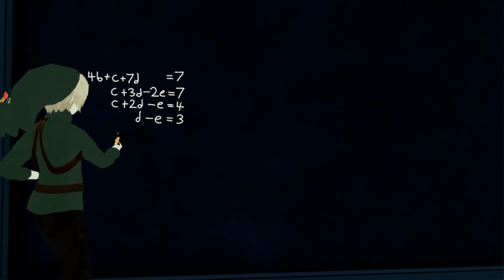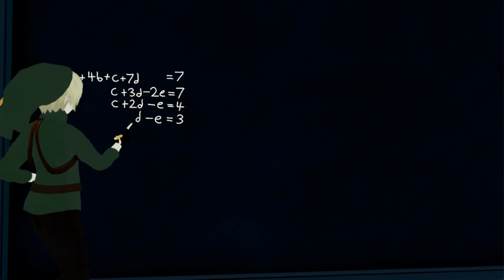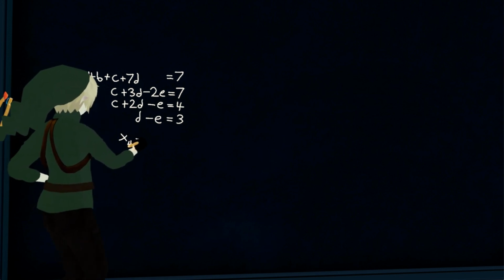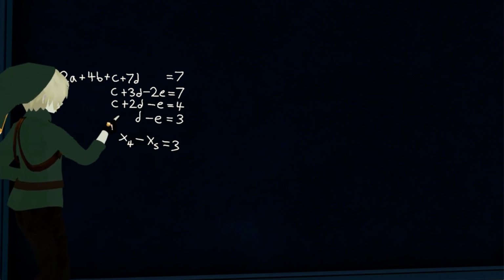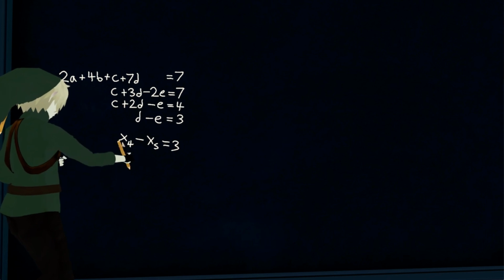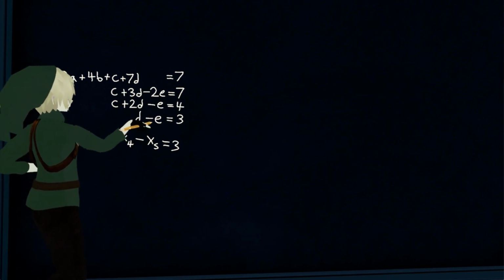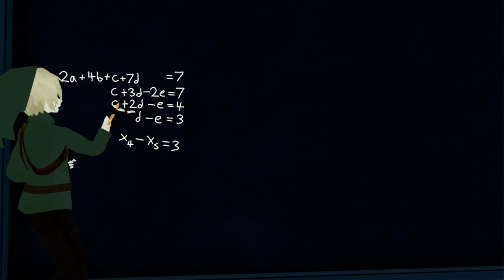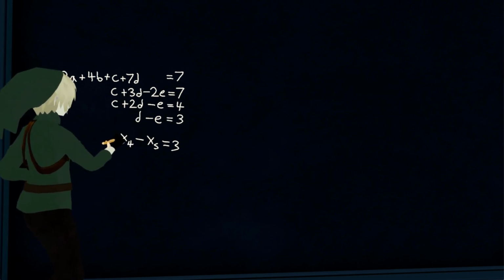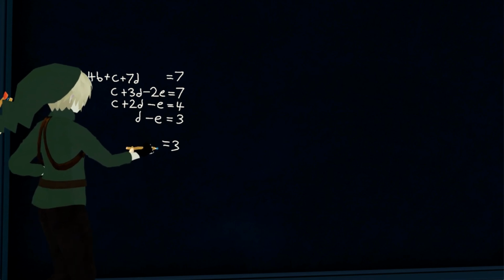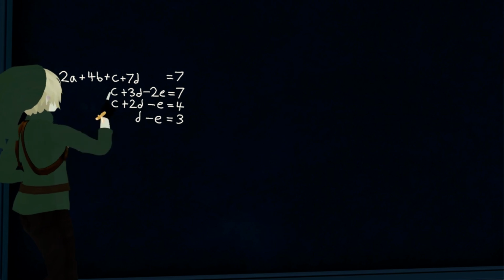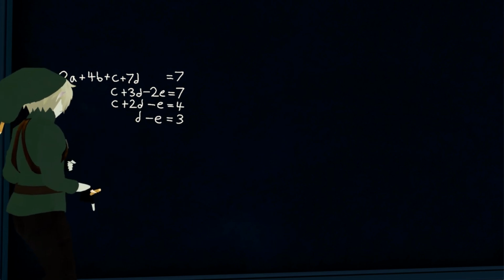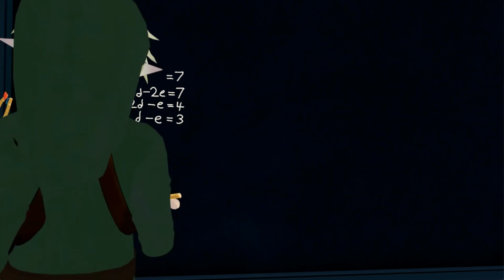Sometimes they'll write A, B, C, D like this, this would be x4 minus x5 equal 3, and then C would be like x3. Sometimes your class would use this notation, but I like to use letters just because it looks cleaner. I would ask your professor if you could put it in letters. Hopefully they will accept that.